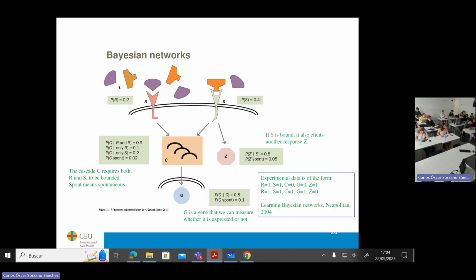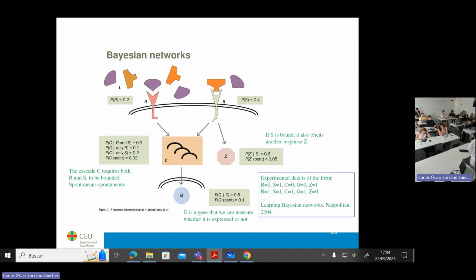We measure in that experiment, this line, R was not activated, this receptor was activated, the cascade was not, the gene was not expressed, and SET, that is another kind of response, was activated. And then for another experiment, we had this response, and for another experiment, we have some other response. From those responses, you have to estimate these tables.